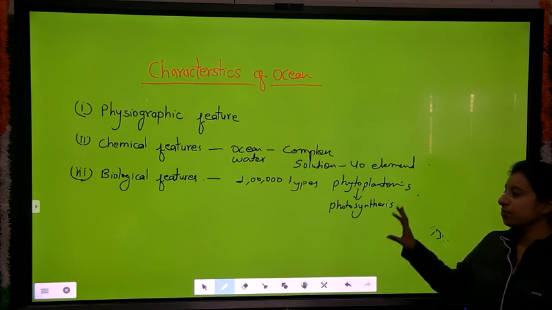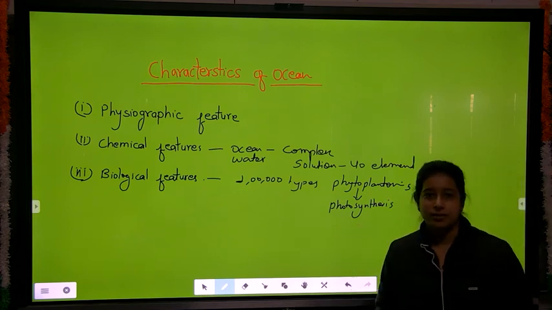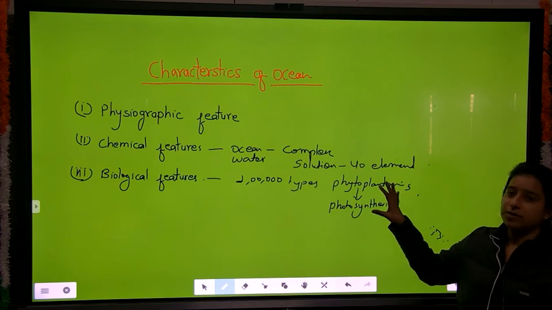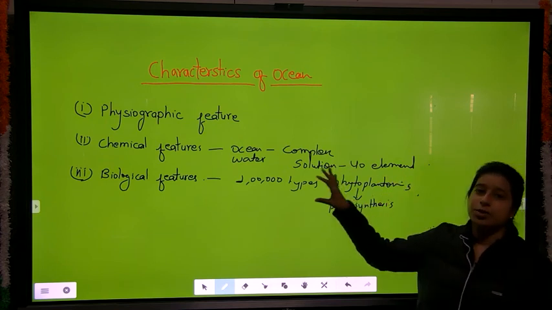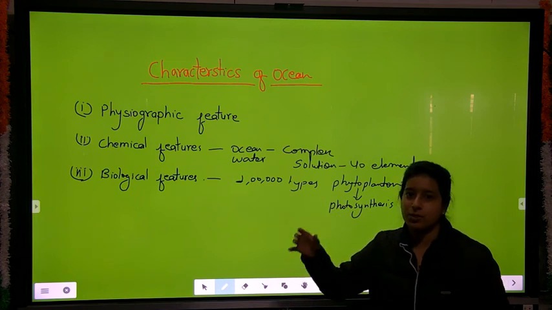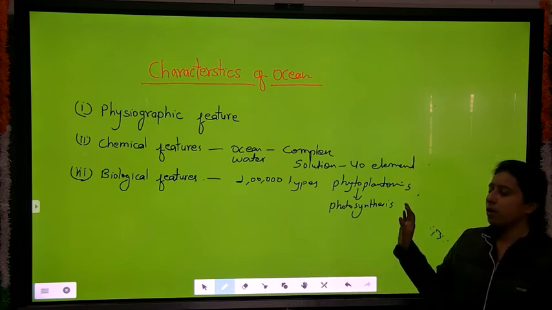For marine life to sustain in that environment, phytoplanktons are basic essential elements which provide oxygen to the animals, or marine life.